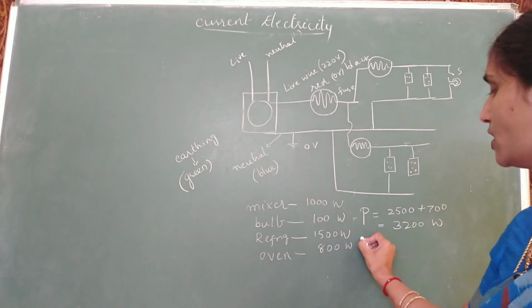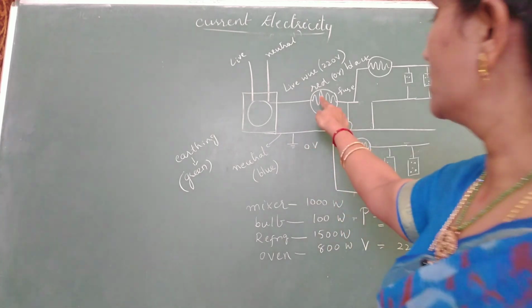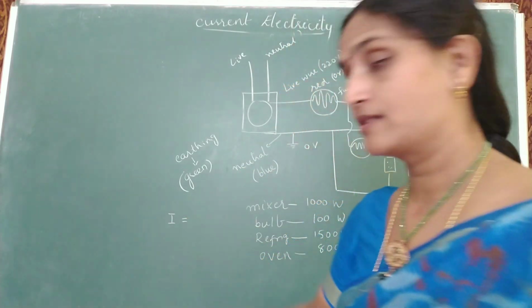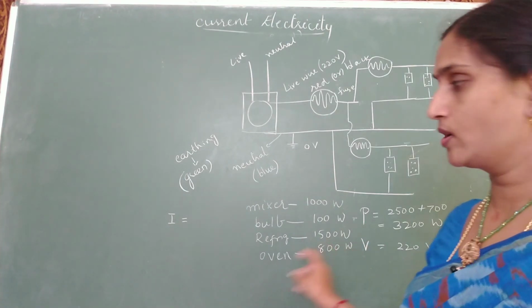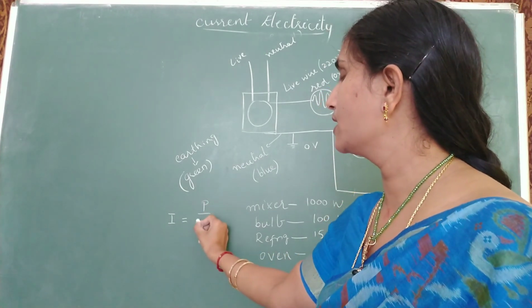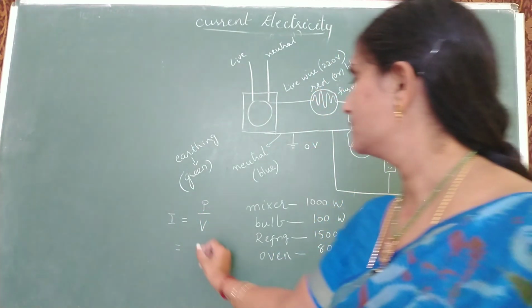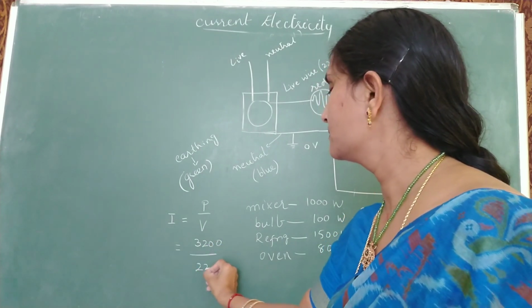At what voltage are we operating all of them? Say 220 volts. So how much current is drawn through the wire? Total current I is equal to total power divided by total voltage, P divided by V. Calculate it. P is 3200 divided by 220.